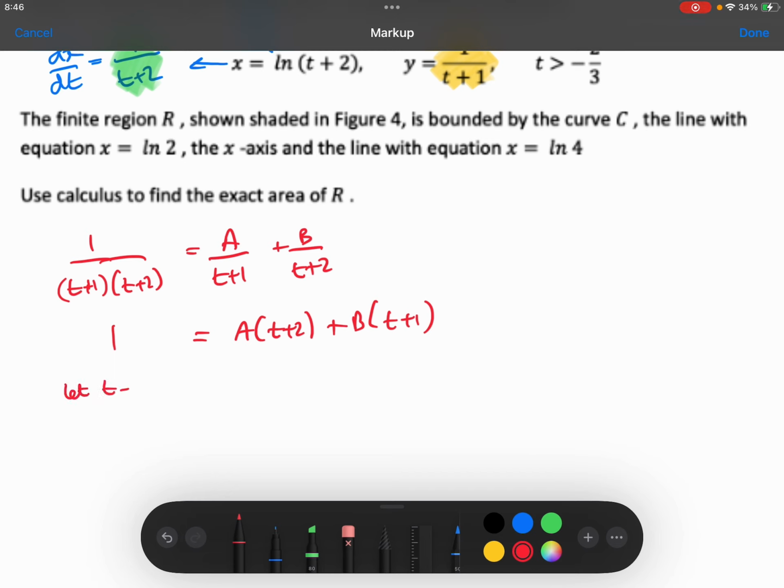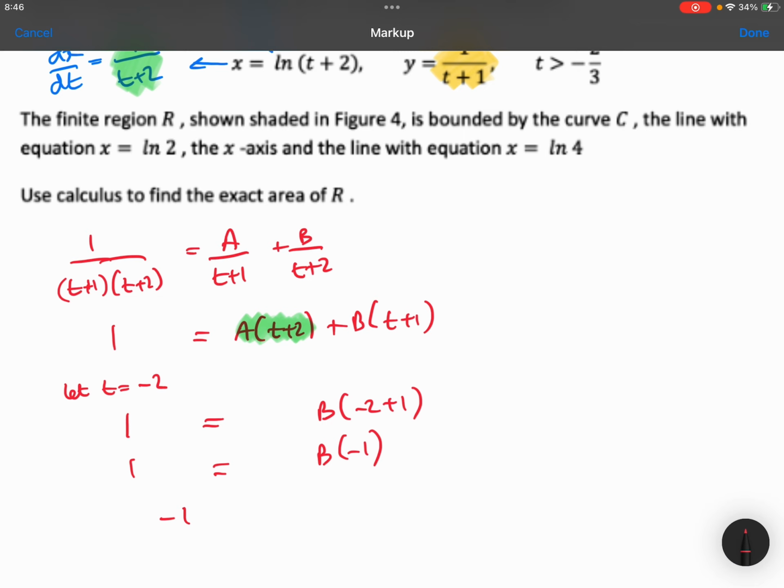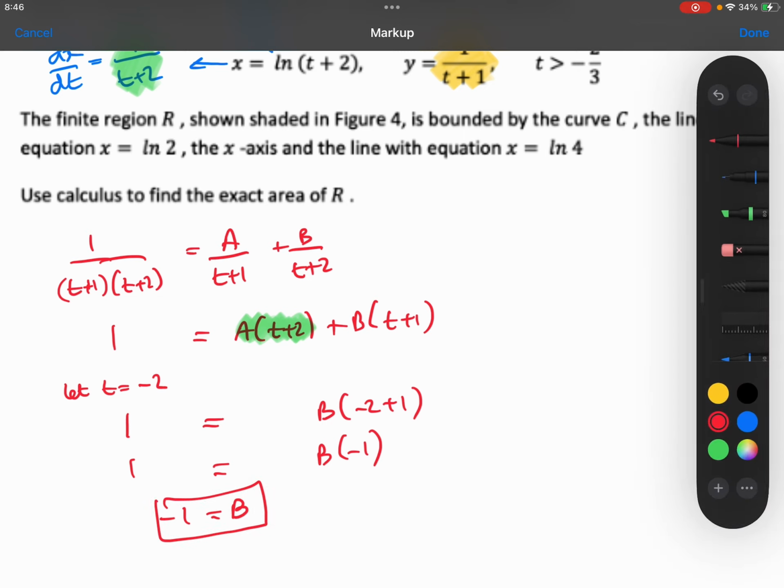If I let t equals -2 first of all, that's a good idea because this term here will just become 0. And so I will just be left with 1 is equal to b times -2 plus 1. So we can see that b must be -1. So I'm going to plug that -1 here.